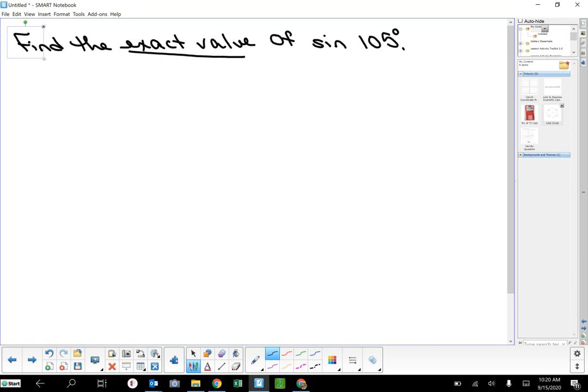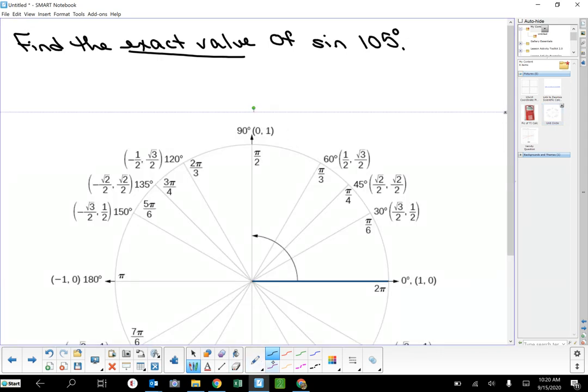All right, well, take a look at that unit circle. Here it comes again. And 105 would be somewhere in here, right? We don't know that value, but we do know some other things. So what you want to do is you want to use two angles that you do know.